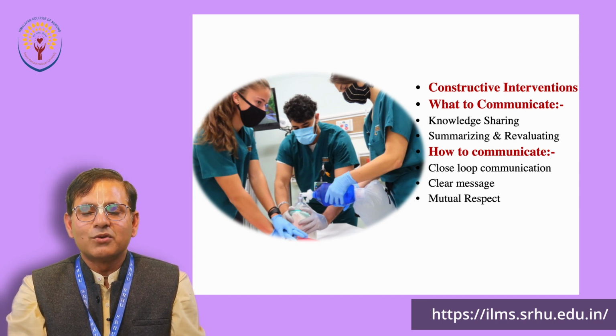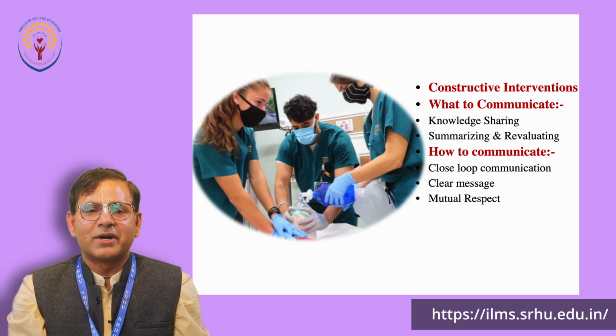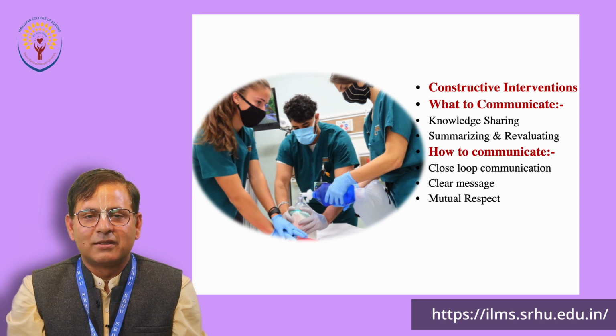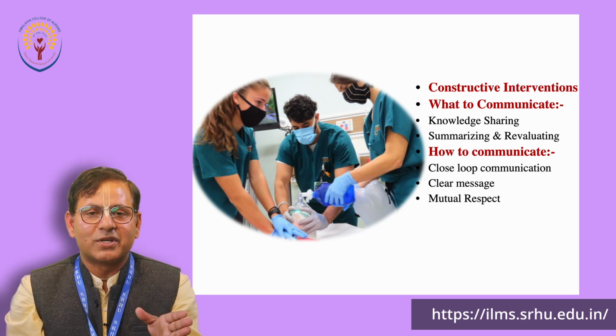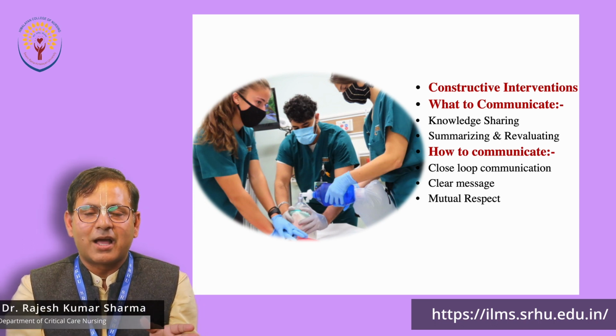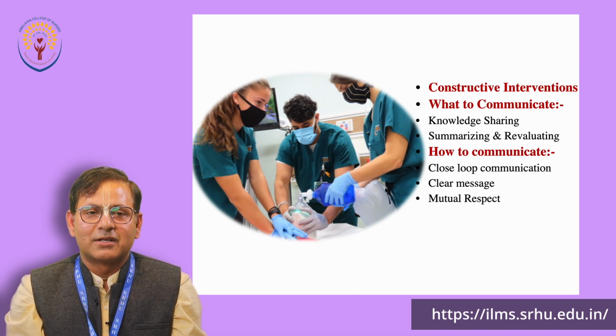We should go for closed loop communication. Closed loop communication means that if somebody gives an instruction to someone, for example, Mr. RK, give an injection of dopamine or adrenaline, then Mr. RK has the responsibility of telling the person who instructed him: yes sir, I have loaded the injection and now I am going to give it.